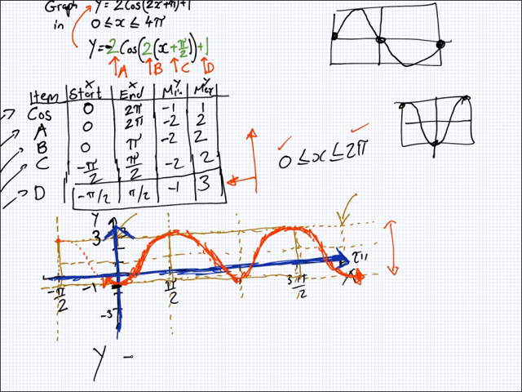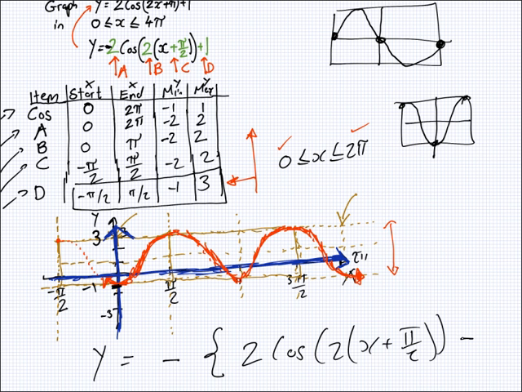So I would do this at the beginning: minus 2 cos(2(x + π/2)), and then this one is minus 1. Mentally for me, it's easier to take the minus out, forget about it, and then at the very last step, remind myself that I have a minus that needs to go on everything. And then the graph, I flip it upside down.